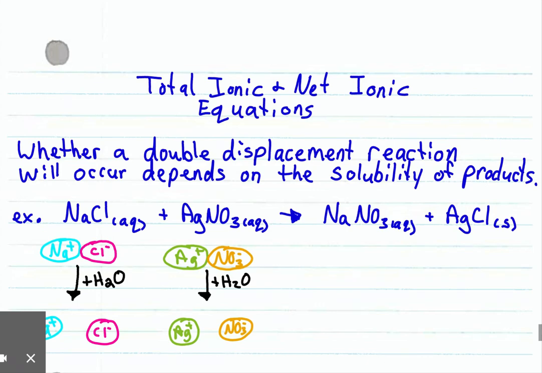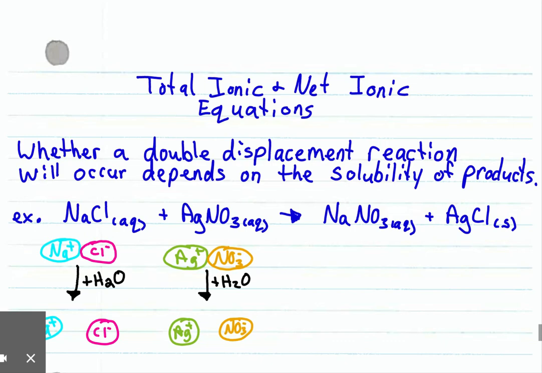In order for a double displacement reaction to occur, we have to have two ionic soluble compounds to start, and then they switch partners, and one of those products has to be soluble or aqueous, and one of those products has to be insoluble or solid and make a precipitate. And it's the fact that we can see that precipitate that tells us that a reaction happened.